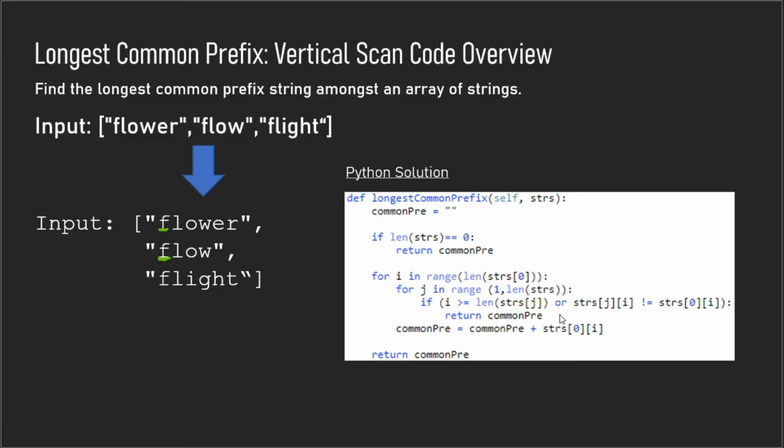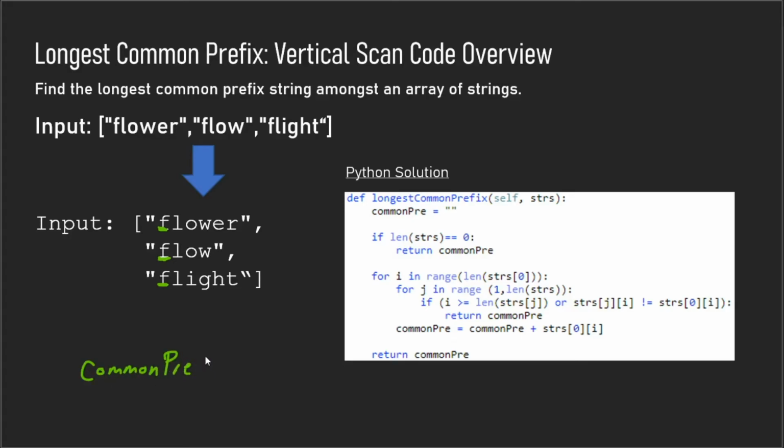The common prefix right now is null because we haven't added anything to it yet, but we're not going to return anything because they are equal. Then the J would increment up one, and we would check this last F and the first F, see if they're equal, and it is, so we append to our common prefix.